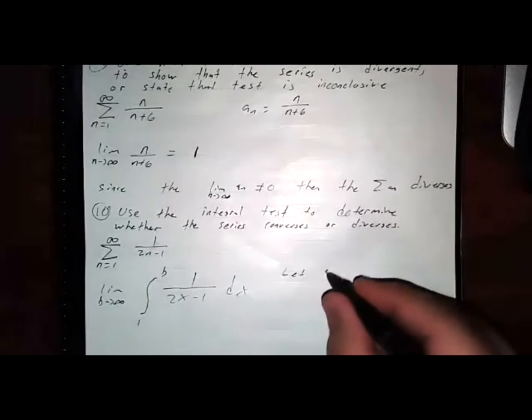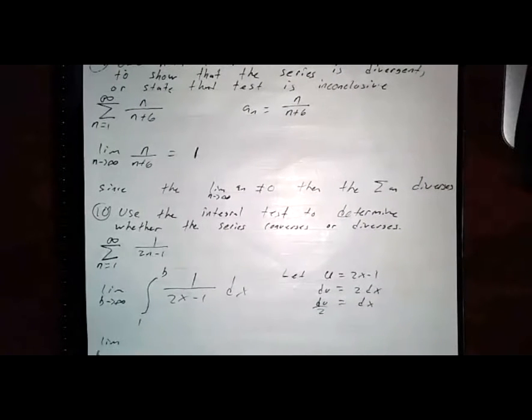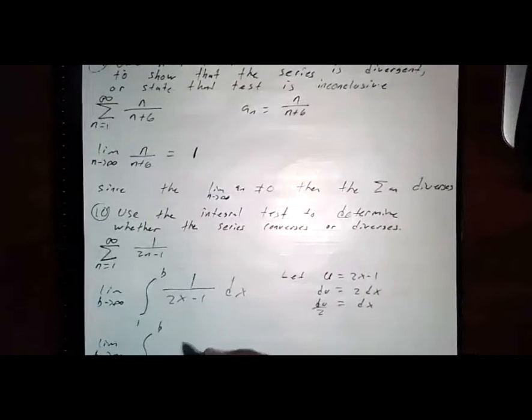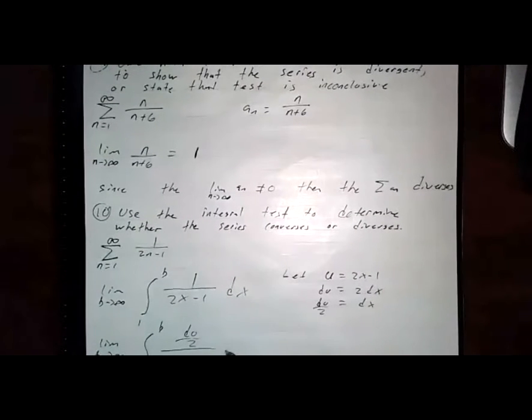Let's do the simple substitution. So let u equal 2x minus 1. du would be 2 dx. du over 2 will replace my dx. So du over 2 over u, which is equal to the limit as b approaches infinity.